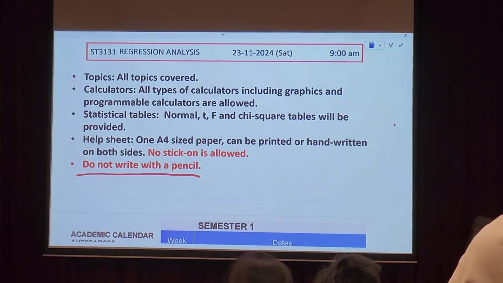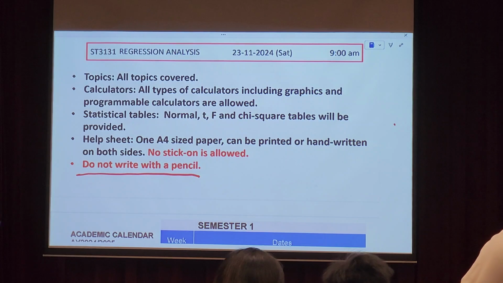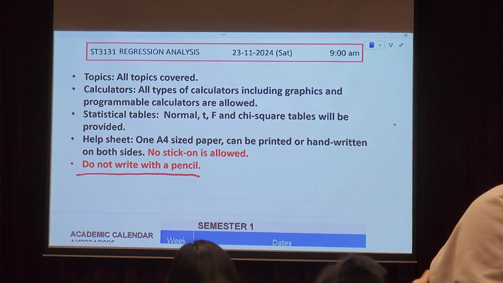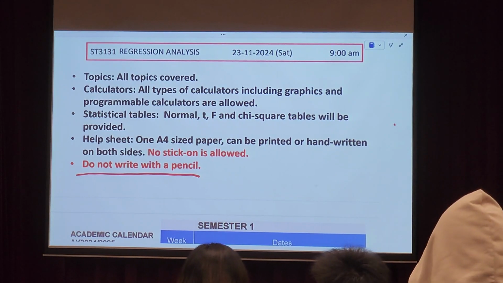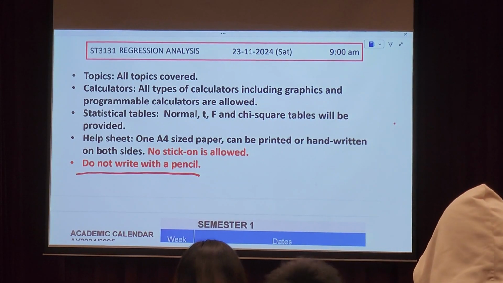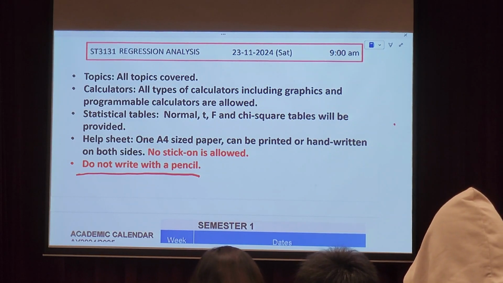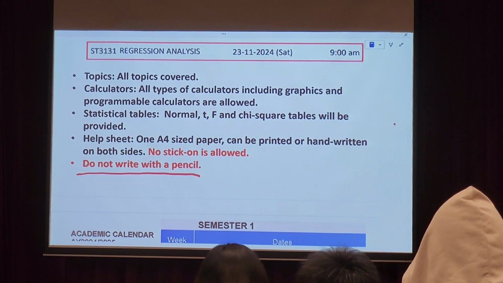If you understand what is forward selection, you can work out this problem. You don't need any formula. In fact, I don't need any help sheet to work it out. Put it this way, maybe 1 or 2. So it's a test based on understanding of concepts.